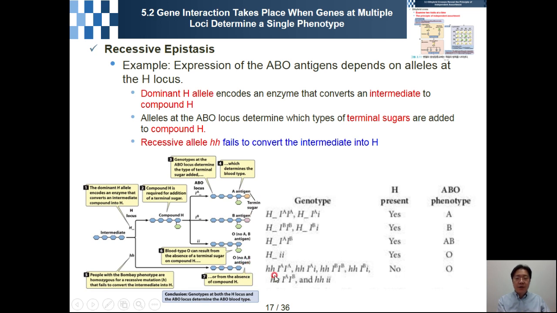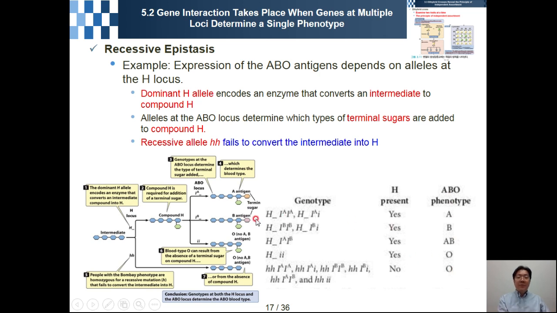So even though the genotype is large IA, if they have small hh, the ABO phenotype will be O. So, for example, large IB and small i, in this case usually the ABO phenotype will be B, but because they have small hh, the ABO phenotype is O.